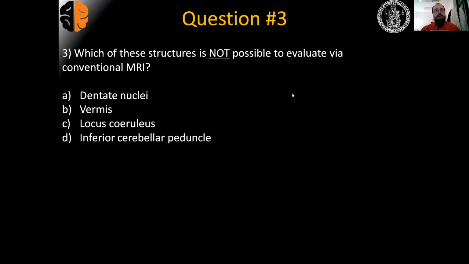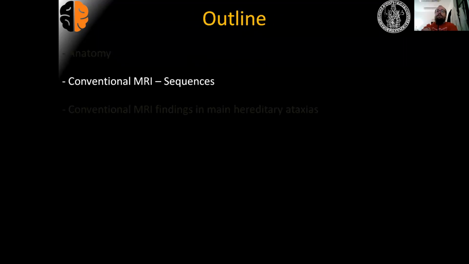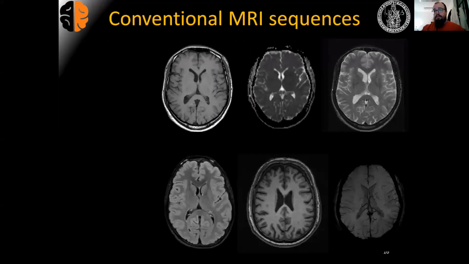Okay, so the second part of the presentation is going to be about which sequences we actually use for the clinical evaluation of patients. There are a lot of sequences that you can use in clinical care when studying patients with cerebellar ataxias. Of course, you cannot go through all of these due to time.